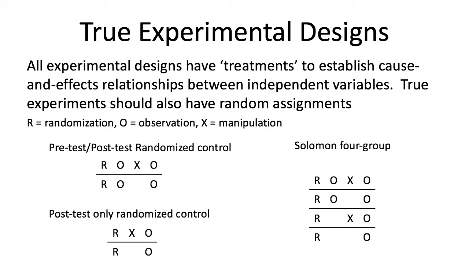Two, you need to observe some kind of data, typically over time, but not always. And then the last thing is that you have to manipulate something. So you have to determine who gets what manipulation, and you have to do it in a random, not an intentional or purposive manner.